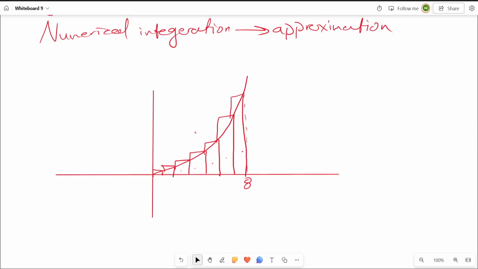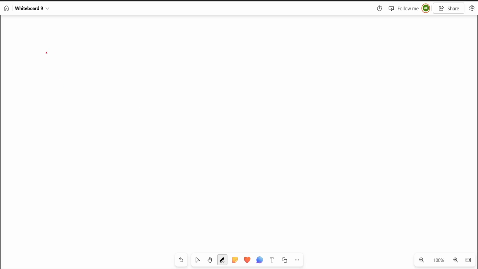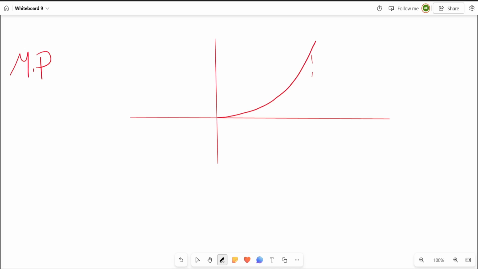So the first type that we're going to be looking at is called the midpoint rule. Okay, what does that mean? It means that, let's say we have our sketch once more. First of all, we need to know where is our lower bound and where is our upper bound. This is very easy. It's from 0 to 8, and we need to know into how many small rectangles I want to divide this section.